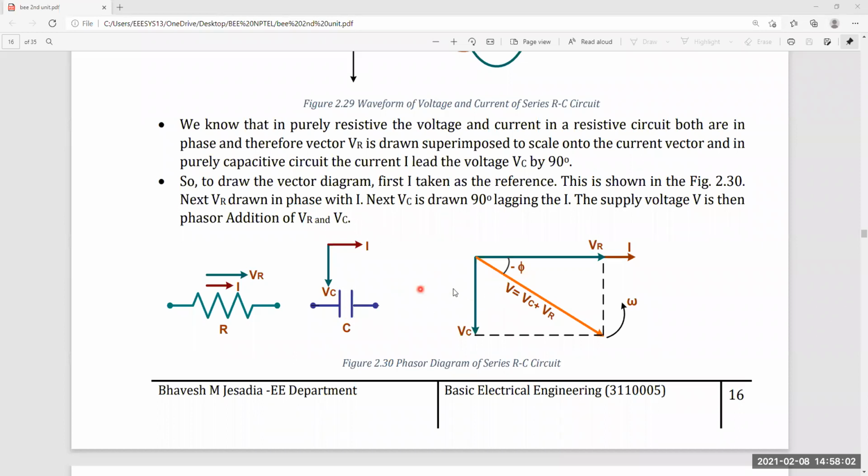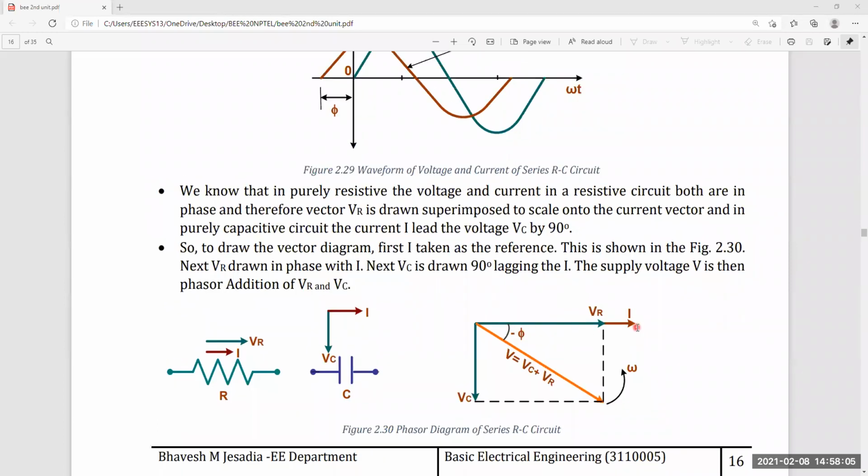Understood? By taking the current as a reference, VR and current are in phase across the resistor. And VC, the voltage across the capacitor, lags the current by 90 degrees.